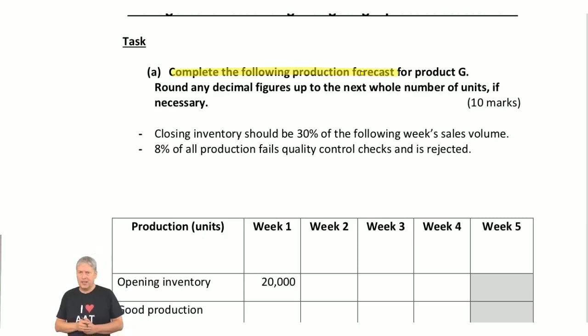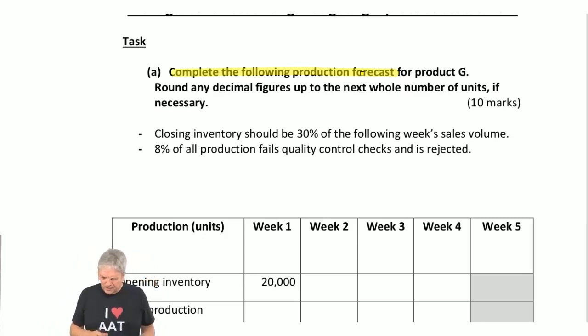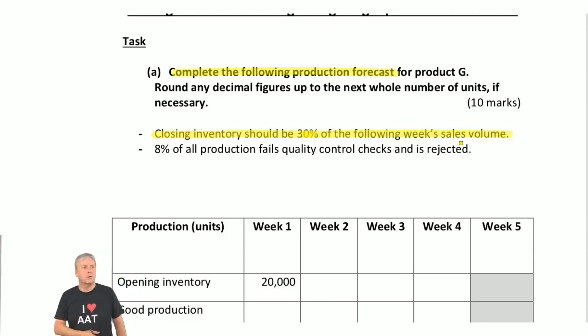I'm assuming that that sort of thing often arises when you've got an error, but here we've got, I think, losses, which could just make life fun regardless. Now, that being the case, we're then given some instructions. Closing inventory should be 30% of the following week's sales volume.